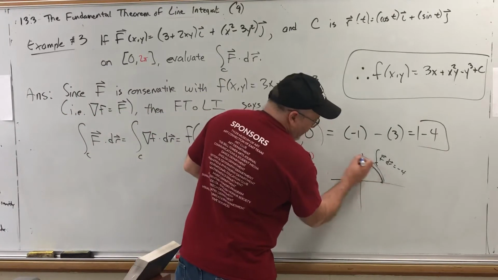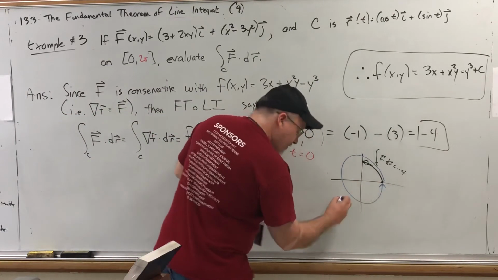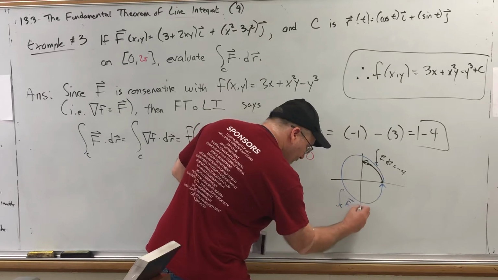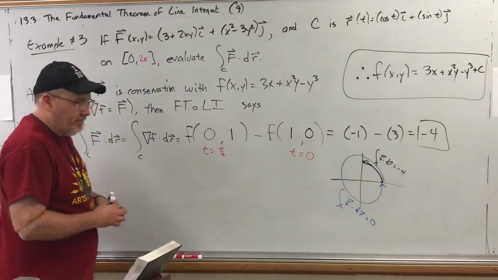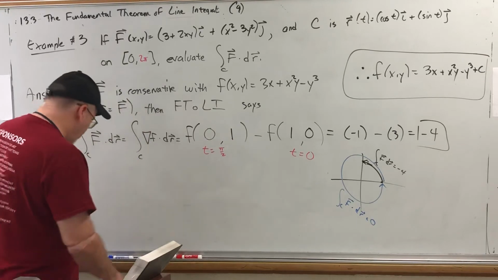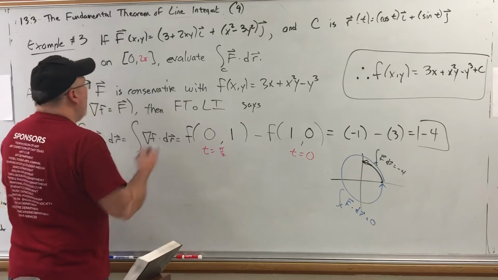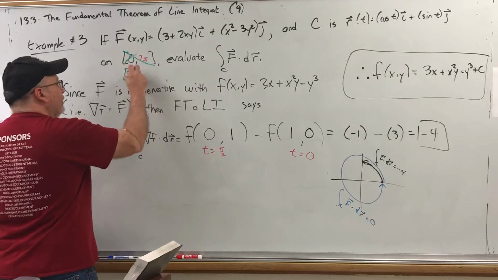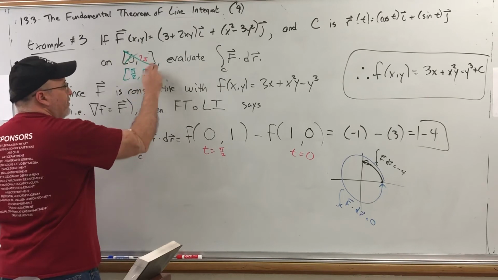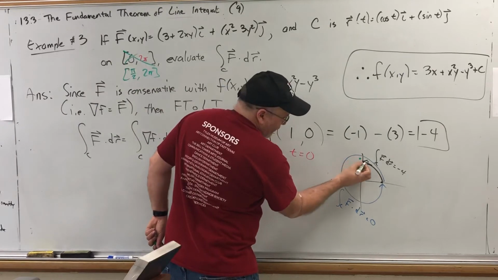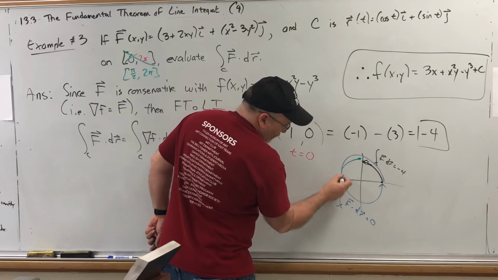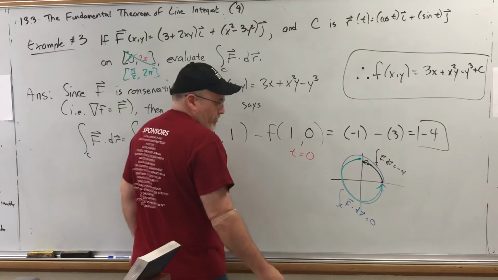We know from here all the way to here, the integral is equal to 0. It's the integral of a conservative vector field over a closed curve. So what would it be if we went from pi over 2 to 2 pi? In other words, what would it be if we integrated the line integral over this portion of the unit circle?